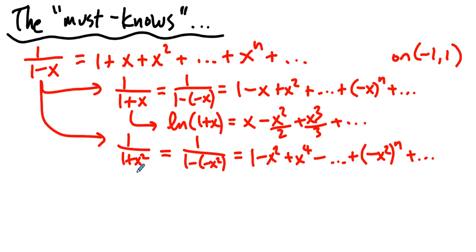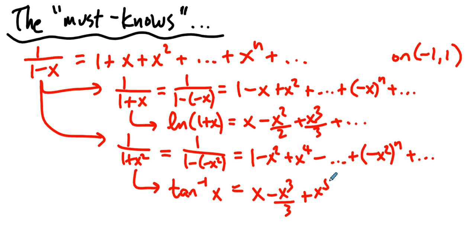And why do we care about this? Because it lets us know what the inverse tan of x is by anti-differentiation. And it goes. So this is a must know, and you've got to know how to get to these. That's for sure.